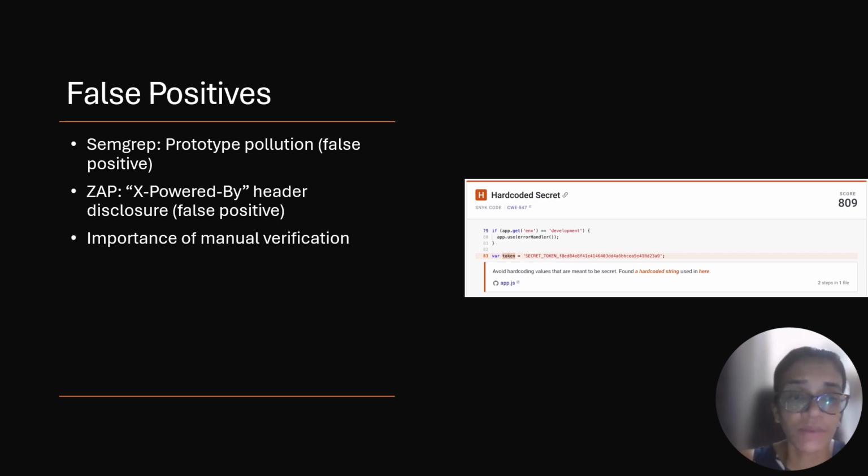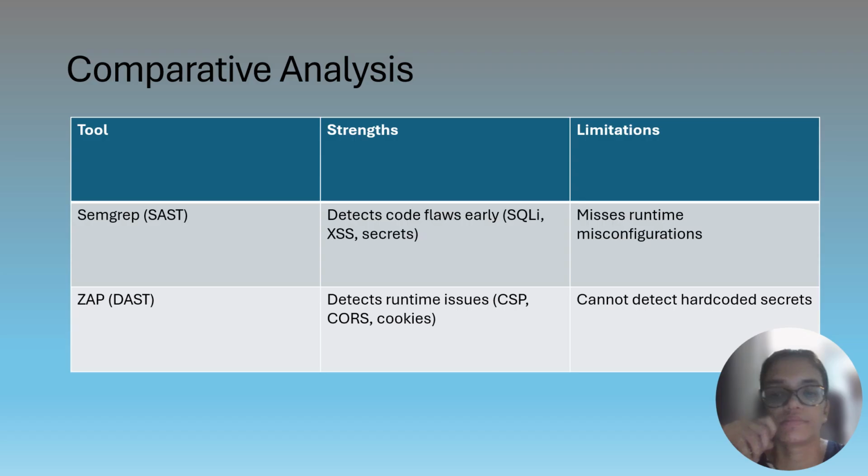Similarly, ZAP flagged the X-Powered-By header disclosure. While technically true, this is a low severity issue that does not pose a real risk. These steps ensured that developers would focus on fixing the real vulnerabilities rather than wasting time on non-issues.